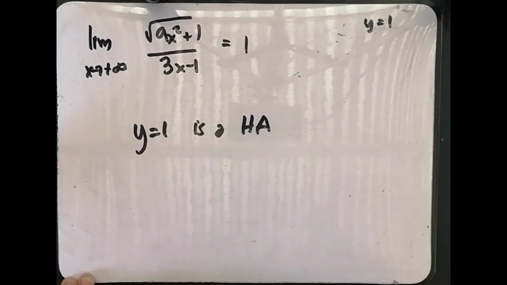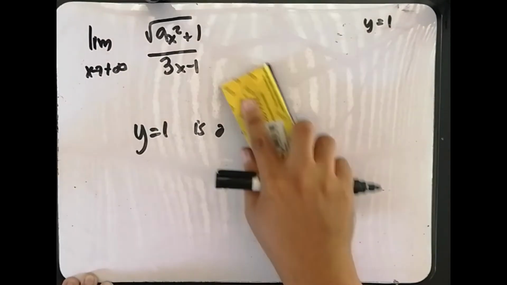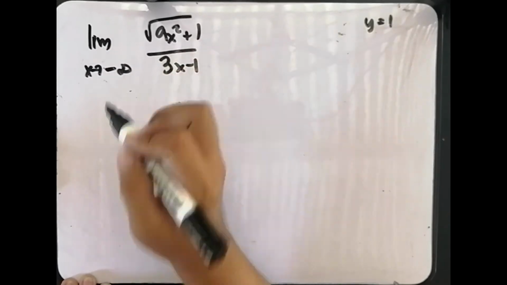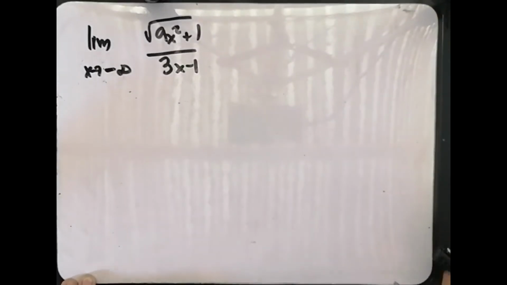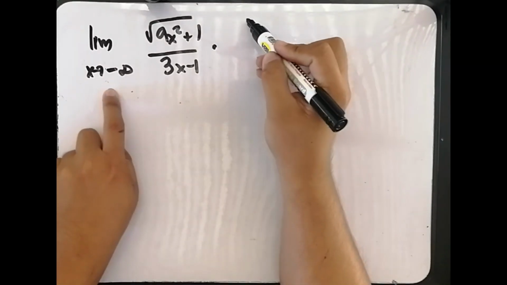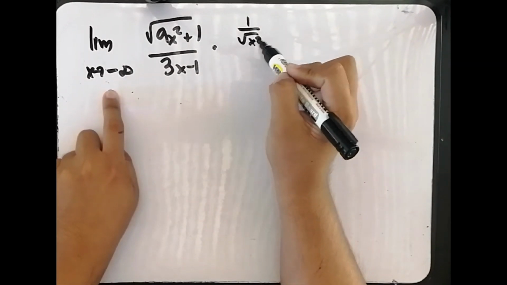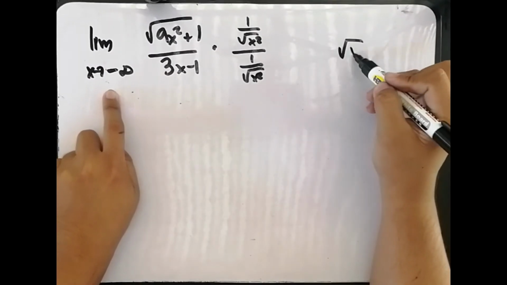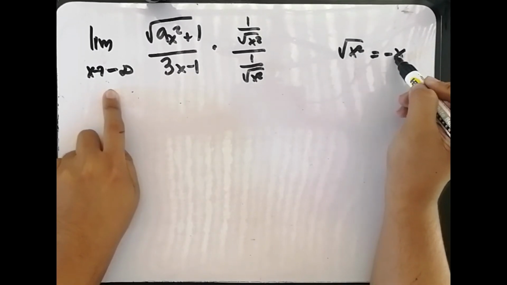Now, let's check the negative part. Since this is negative infinity, we multiply 1 over square root of x squared over 1 over square root of x squared, where square root of x squared is equal to negative x.